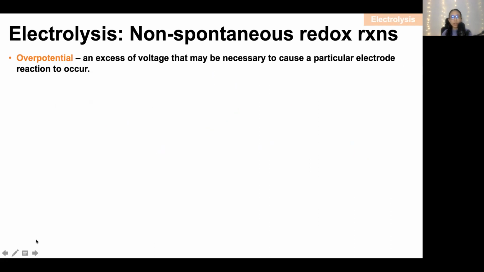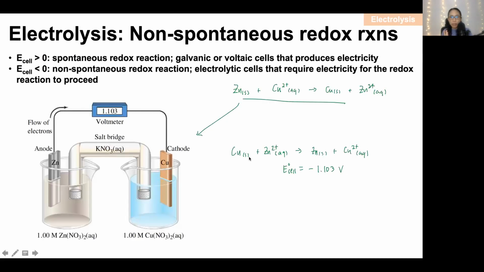So let's discuss electrolysis. So in electrolysis, there are some factors that you must consider if you want to perform electrolysis. So electrolysis is the reaction taking place in an electrolytic cell. So in my previous example, we had this.